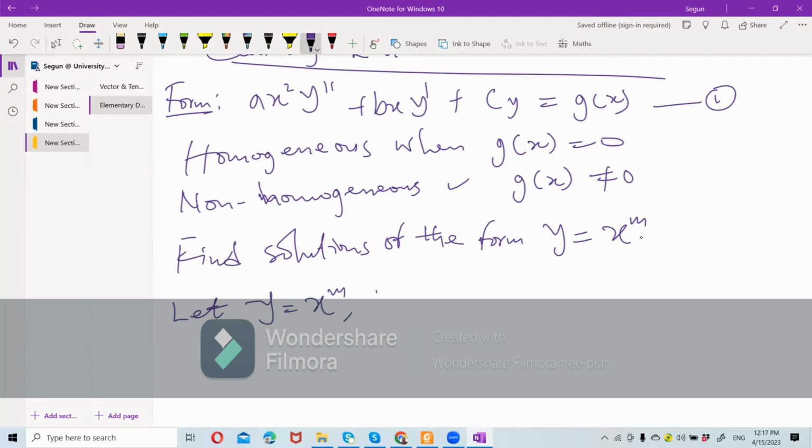Then if I differentiate y, what do I have? y prime means m x raised to power m minus 1.